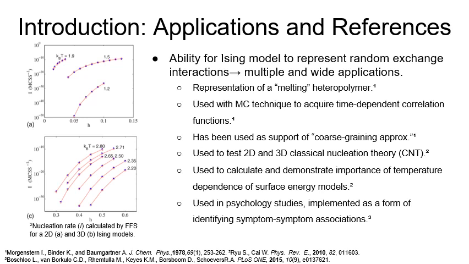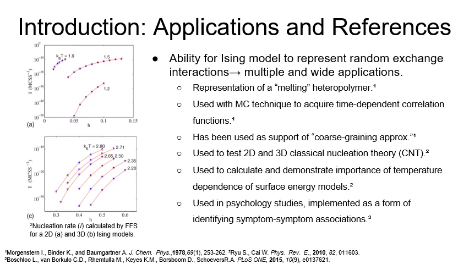Since the model is very much used for its ability to represent random exchange interactions, it has a wide number of applications, one of which is the melting of a heteropolymer, which uses the Ising model coupled with a Monte Carlo technique, which we will touch on later, to acquire time-dependent correlation functions.